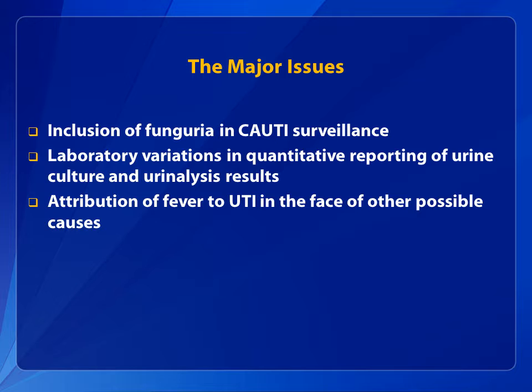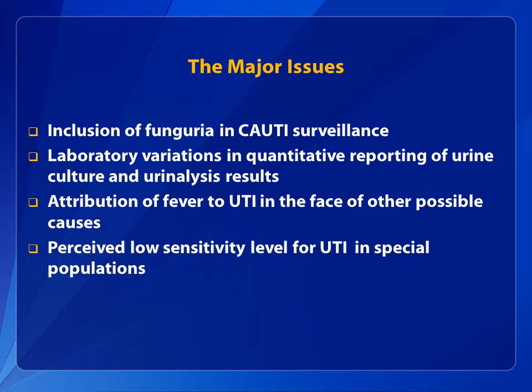This rule was felt to be overly sensitive, especially in ICU settings where fever is frequently encountered for many reasons. Finally, in certain populations, such as ventilated or spinal cord injury patients, the small number of symptoms included in UTI criteria resulted in clinically diagnosed UTIs going unreported to NHSN because patients were unable to verbalize or sense symptoms.